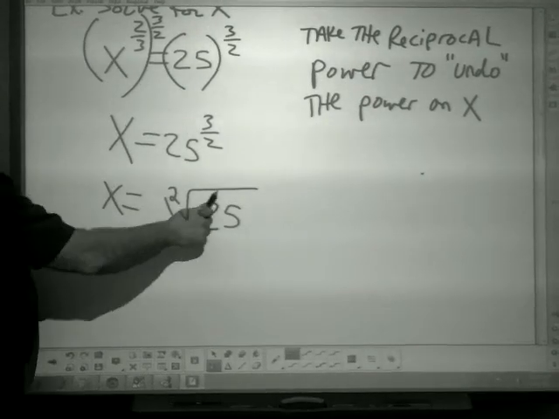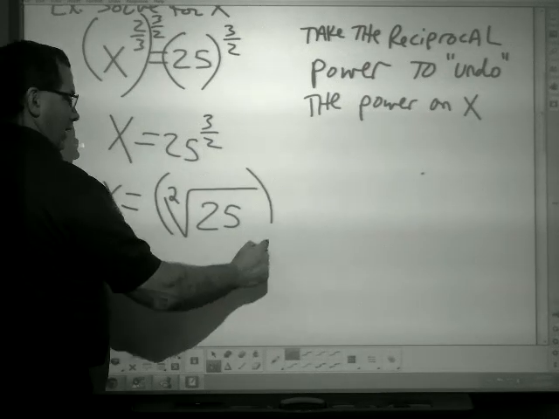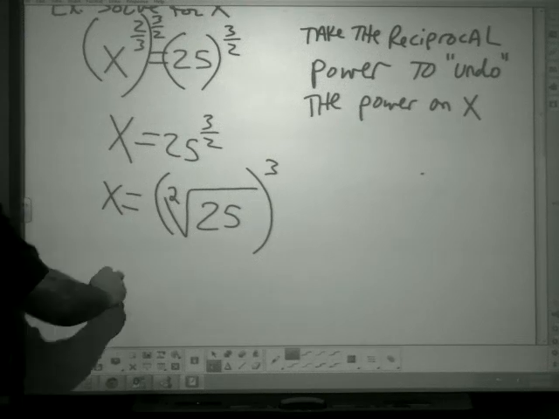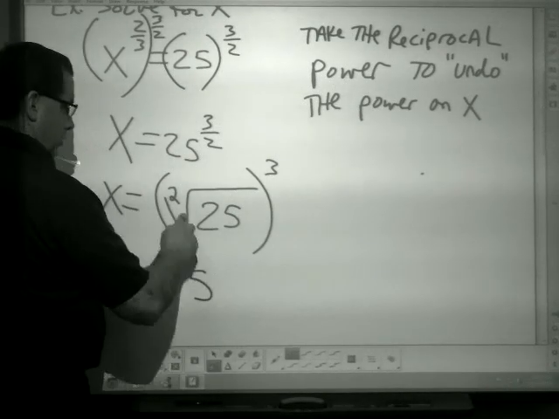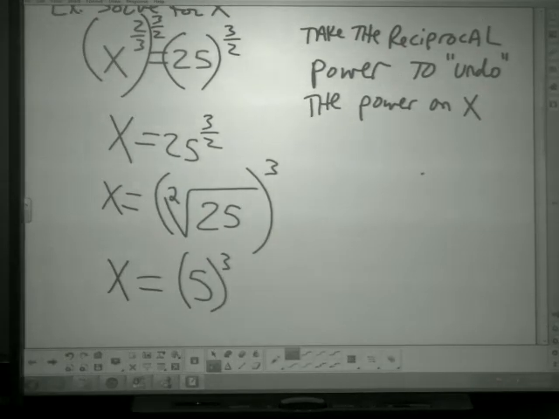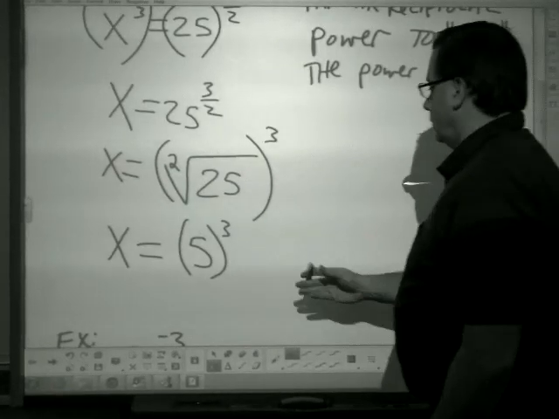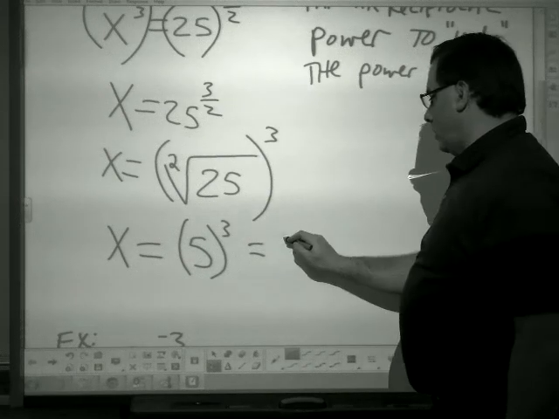So I want the square root of 25. And then I'm going to take that and raise it to the power of 3. So x is going to equal 5. Square root of 25 is 5. Raised to the power of 3, which is going to equal 5 times 5 times 5, which is 125.